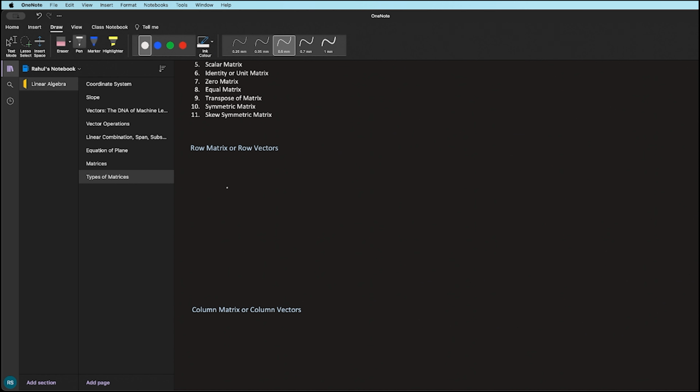I can represent the row matrix as A equal to 1, 2, 3, 4. So this is called the row matrix or row vector. How is this derived? I can write a matrix X that is 1, 2, 3, 4, 5, 6, 7, 8, 9.